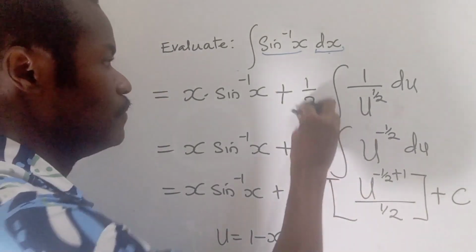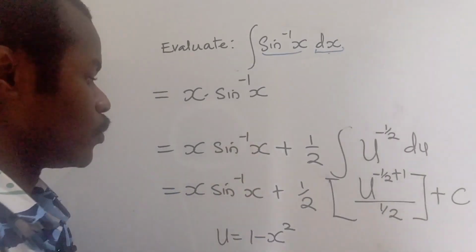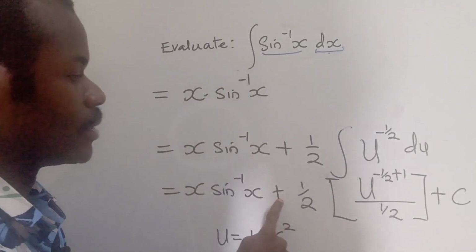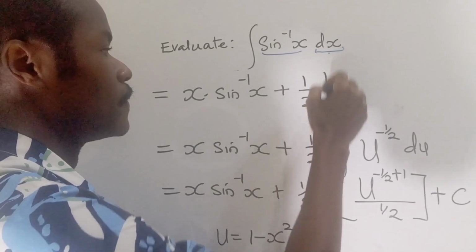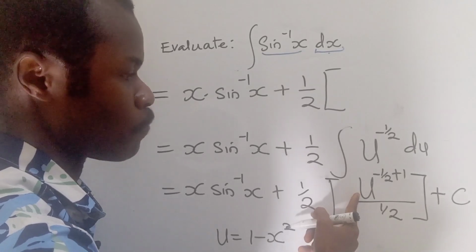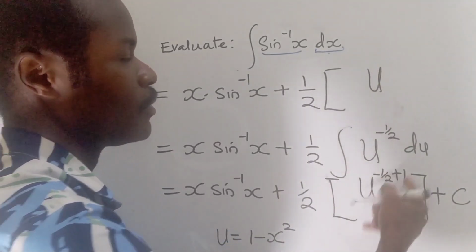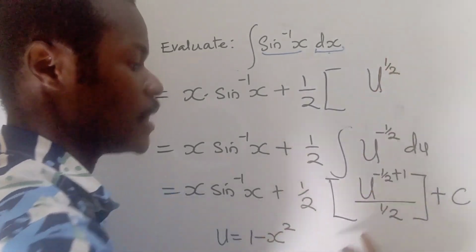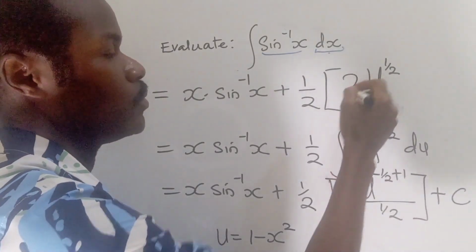So from that, it is now easier. We have x sine inverse x plus a half multiplied by u to the power of minus half plus 1, which is half. Now the inverse of this is going to give us 2.